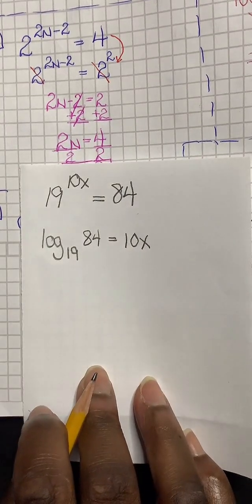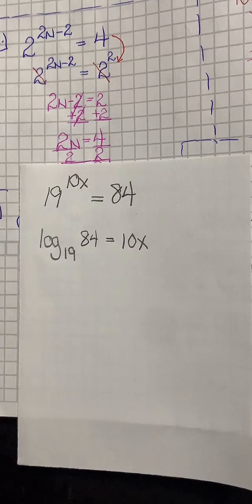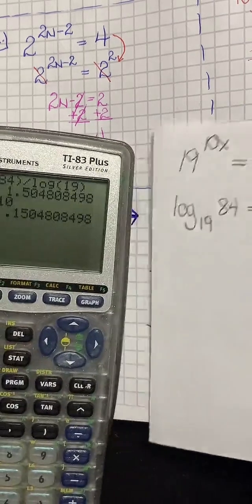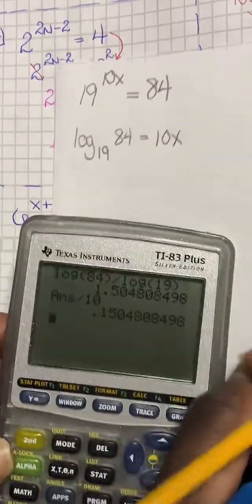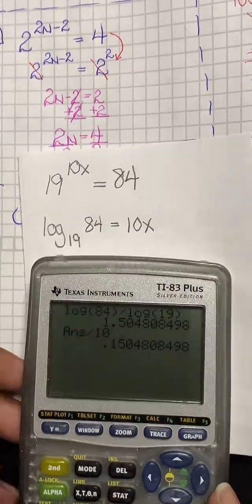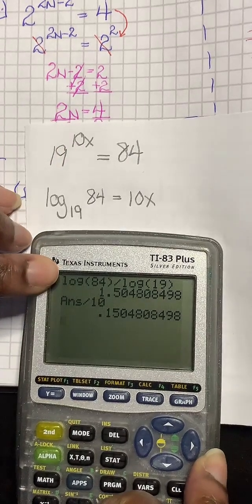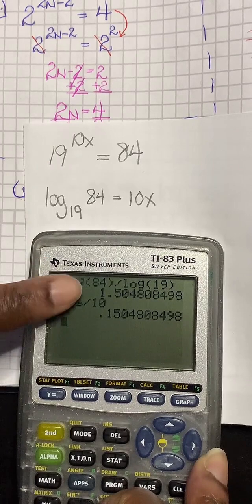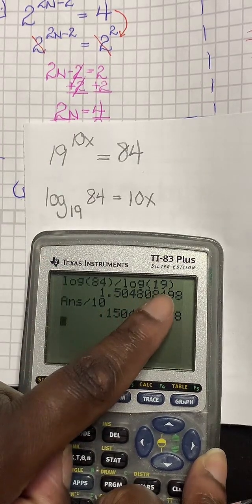So when I come in with the handy-dandy calculator, all right, we'll try it this way. Something like this. Okay, so we have our log of 84 over our log of 19.